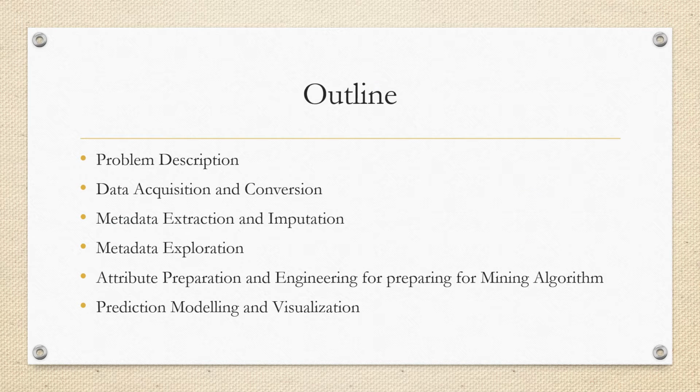For the outline, this presentation includes 6 sections. The first one is to talk about what the problem is for this analytics, and then let's find the topic based on our project milestone.